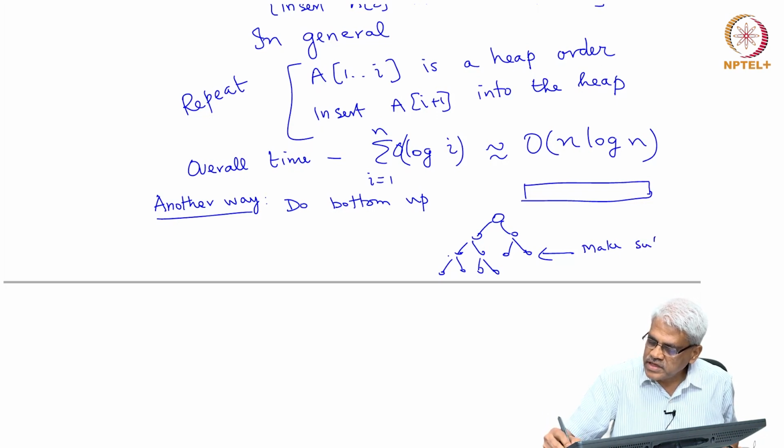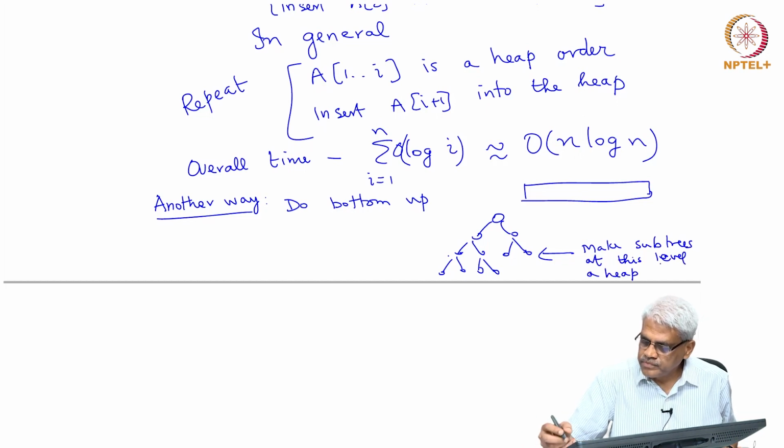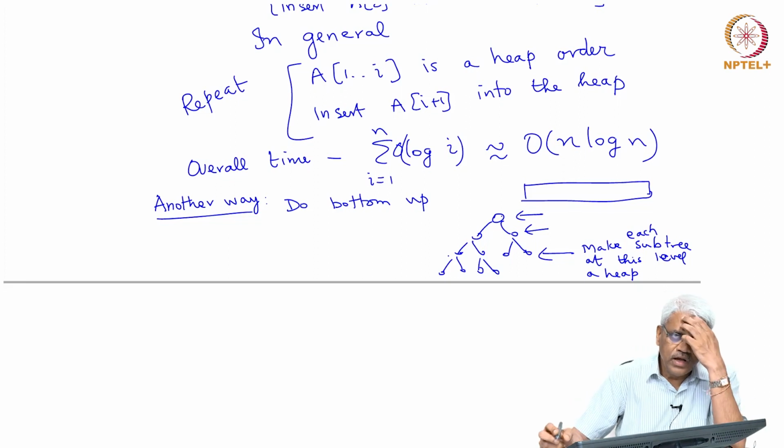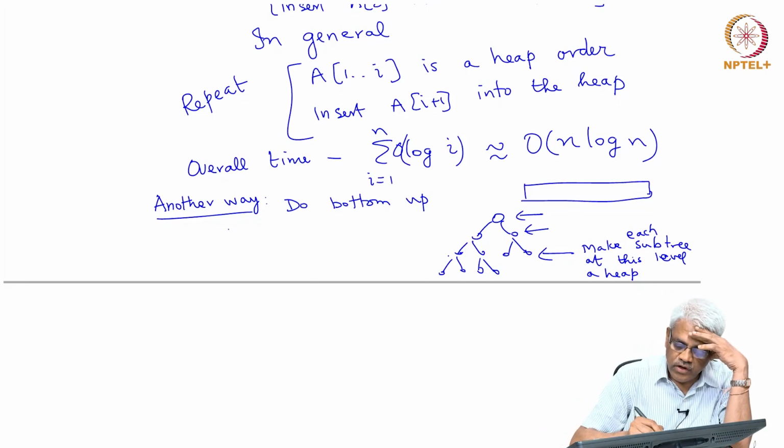Make subtrees at this level a heap, each one of them, each subtree. After you have done with this, make the subtree at each level a heap, and then finally you can make the entire tree a heap. I am not going to tell you all the details.